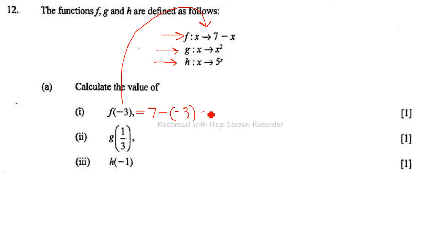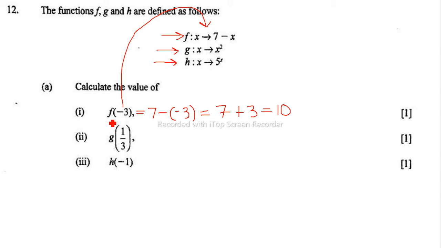It's going to be equal to 7. Negative times a negative is what? Positive. Positive 3. So the answer is what? 10. 10. Very good. 10.